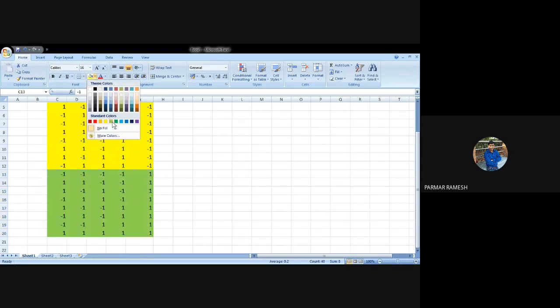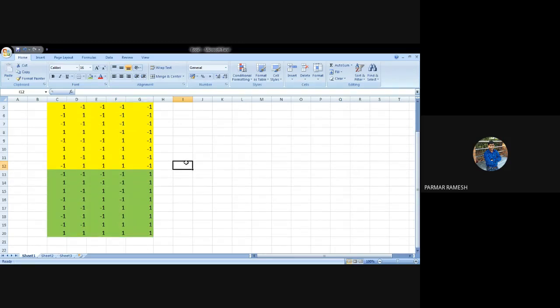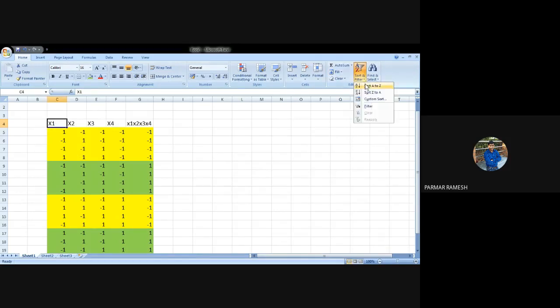Now, when we are performing the experiments, at that time also we can use the same method, and that is called blocking. Out of the total experiments, which are to be performed on which day, that is called blocking. Let me show you the standard run so that you can better understand.